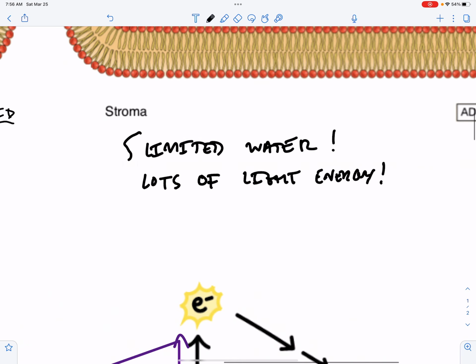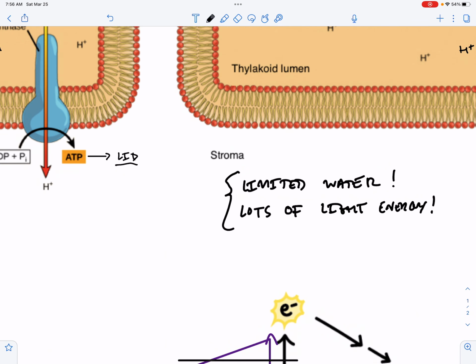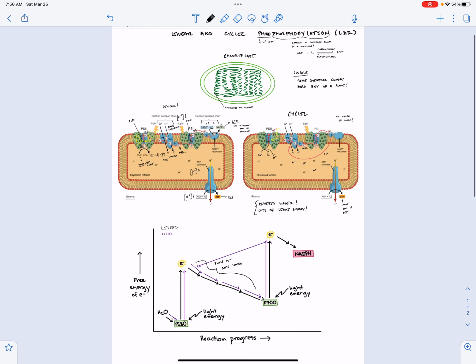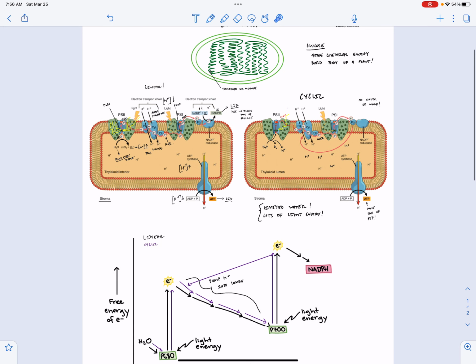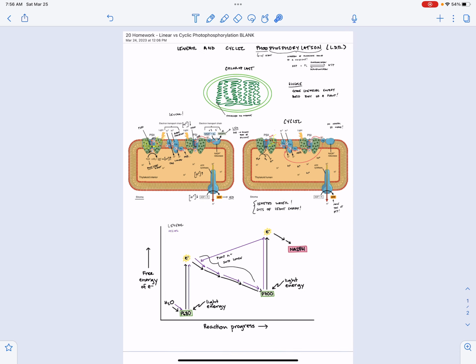So up until this point, we've kind of been talking about photosynthesis in the context of a temperate broadleaf forest, a certain type of ecosystem. But not all ecosystems look like the ecosystem that we live in. So in class next week, we're going to be examining what does photosynthesis look like in a place that has limited water and lots of light. It doesn't look exactly the same as it does in a place with lots of water and sometimes limited light. Okay, that's all.